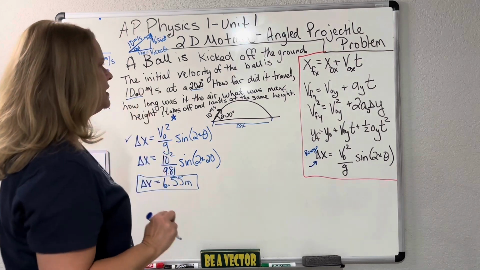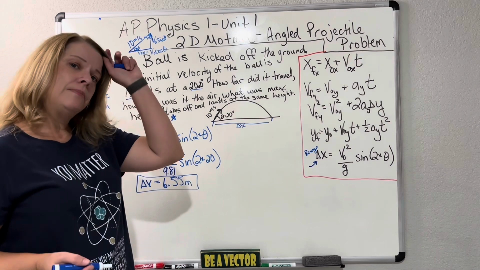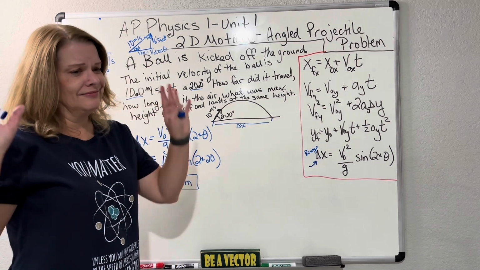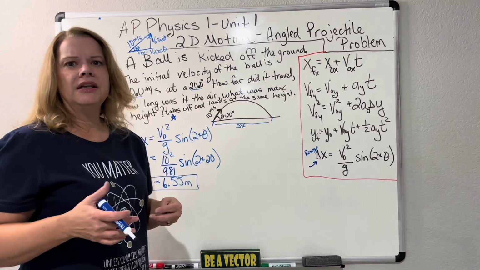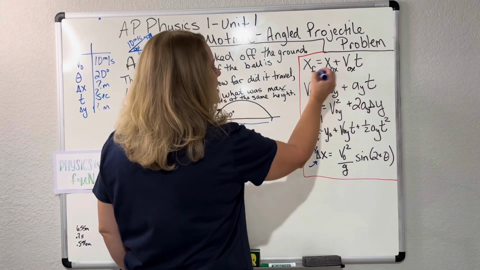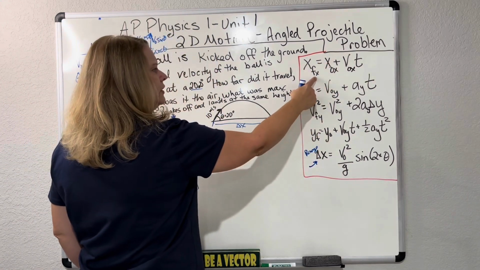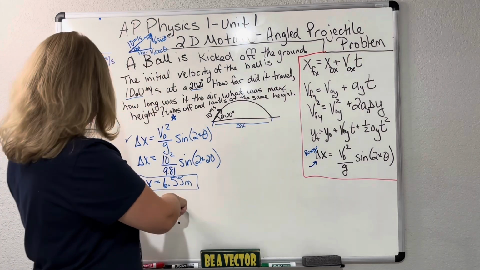Check. The next thing it's going to ask for is how long was it in the air? You've got a couple of choices here, and here's the deal. Don't stress about it. If you've got the variables you need, then you're going to get the same answer. So I'm seeing time in this first one. I now know my final position, 6.55 meters.